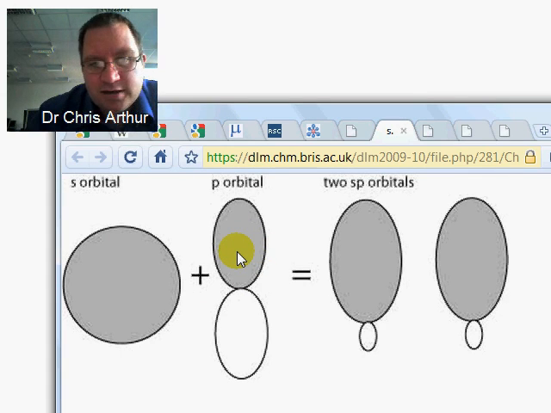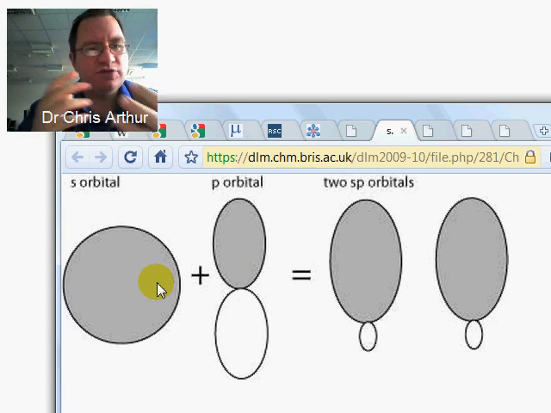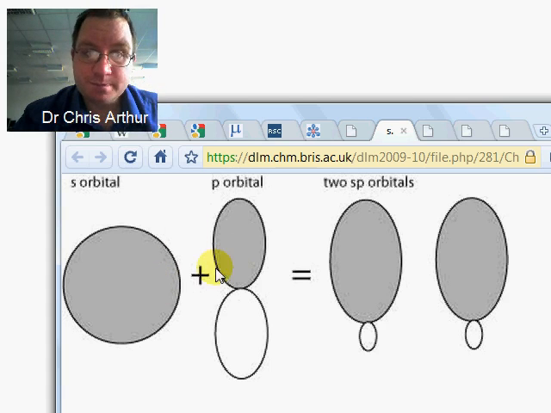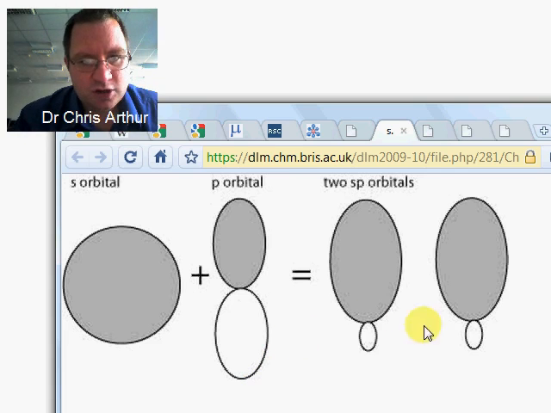Now I'm just doing this graphically. I'm not getting into the maths of this. I just want you to get a feel for the general idea that we're mixing these orbitals. So we have this positive phase, and this positive phase and negative phase. And if we add the s and the p orbital together, we make what's called an sp orbital.